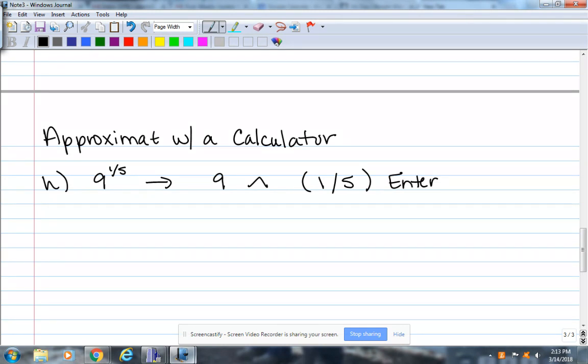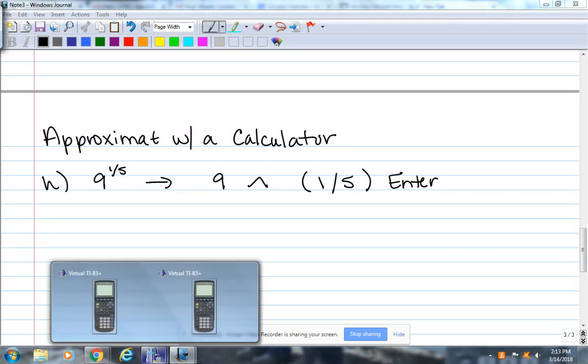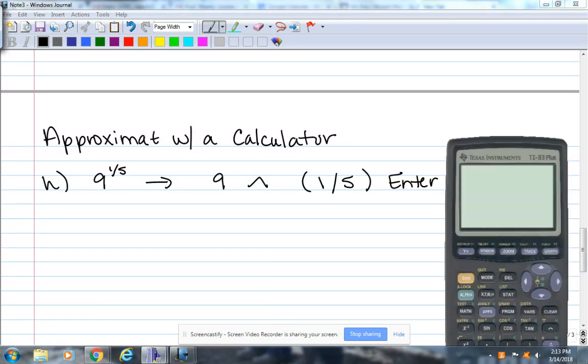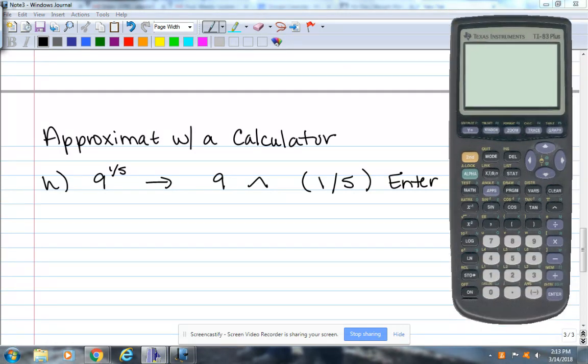So, in your calculator, you're going to say 9. I've got to turn mine on first. Clear, clear, clear. 9, rooftop, parentheses, which are above the 8. 1 divided by 5. Close parentheses, enter.